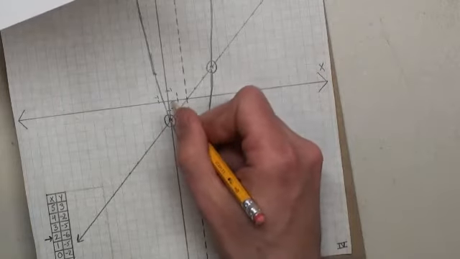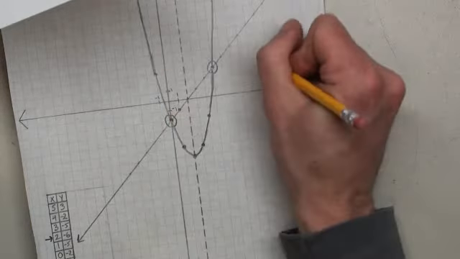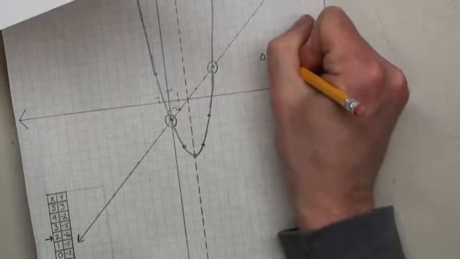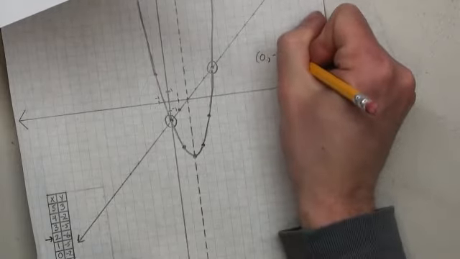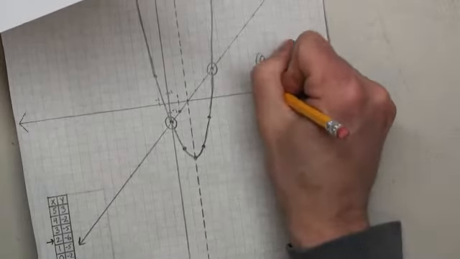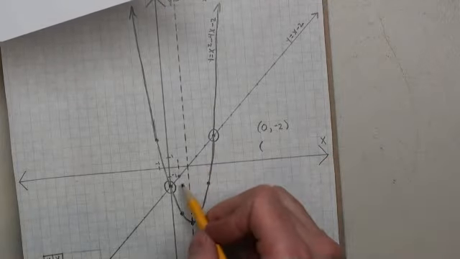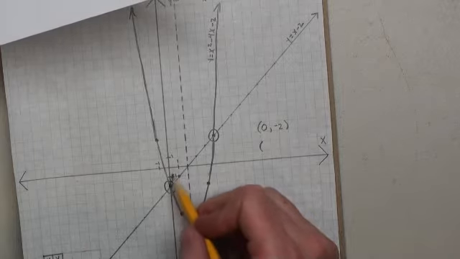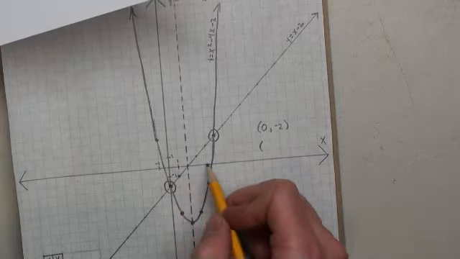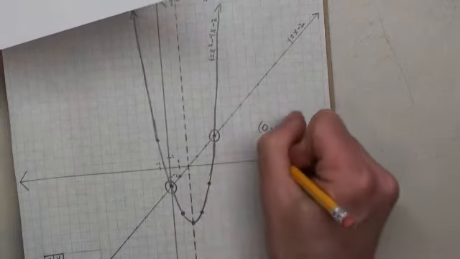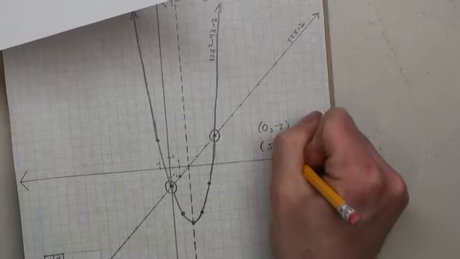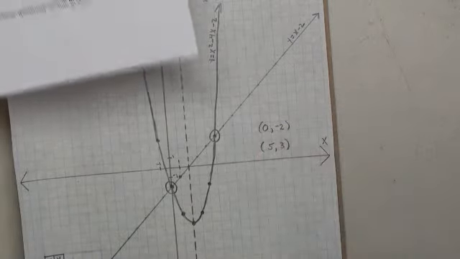The first one is at 0, -2, and the second one, so just find a blank area, and put it nice and big, the coordinates of those points. So this was 0, -2, and 5, 3. Okay?